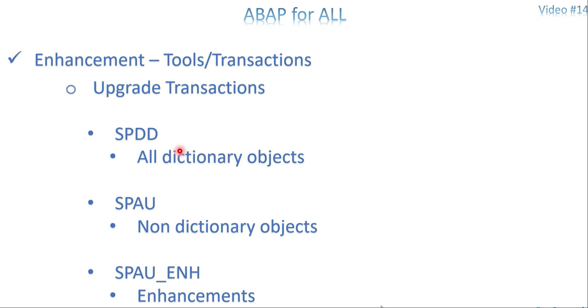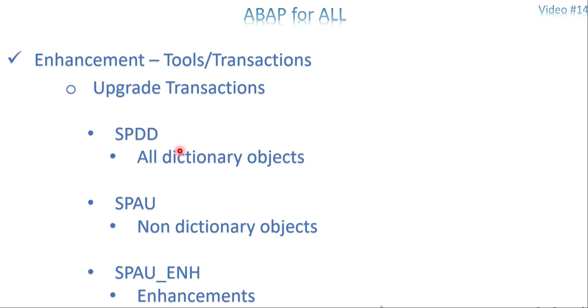There are three different statuses, I can say. One is processed successfully, which comes in green. Yellow means it's not processed and needs some manual work, or sometimes the SAP product itself can adjust the object. Red is an error, which means it needs manual intervention, and we have to work out what needs to be done.